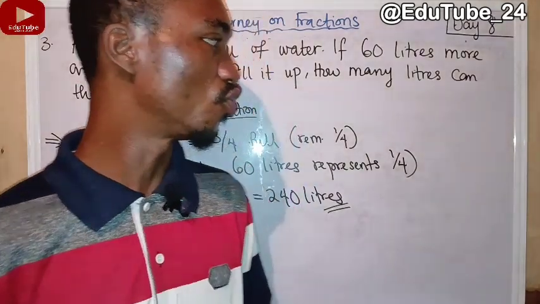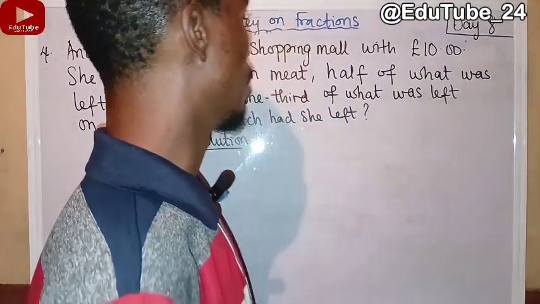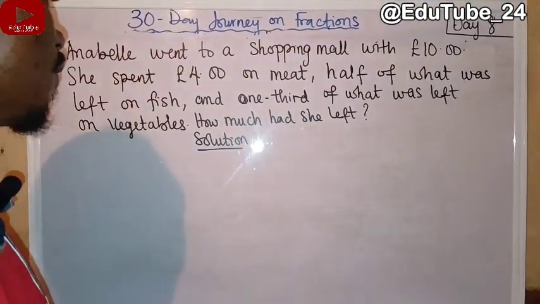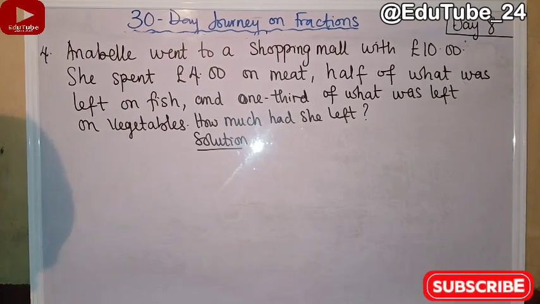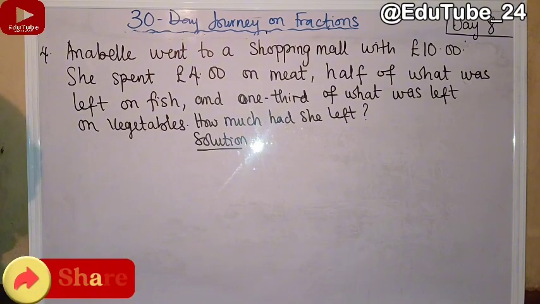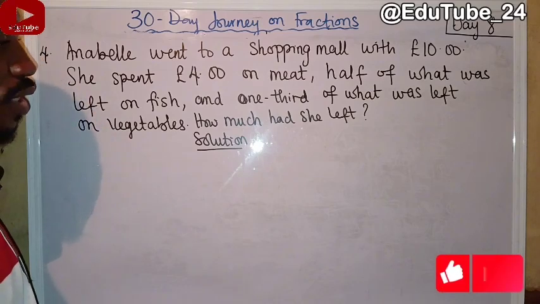So let's move straight to question number 4 for today's episode. Question number 4, which will be our final question for today, says: Annabelle went to a shopping mall with £10. She spent £4 on meat, half of what was left on fish, and one third of what was left on vegetables. How much had she left?